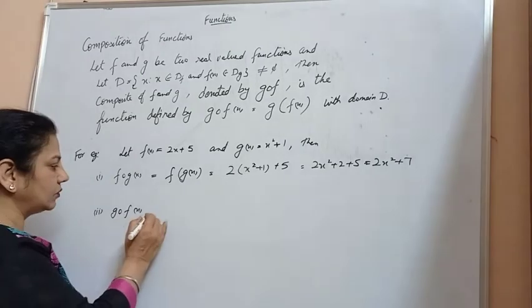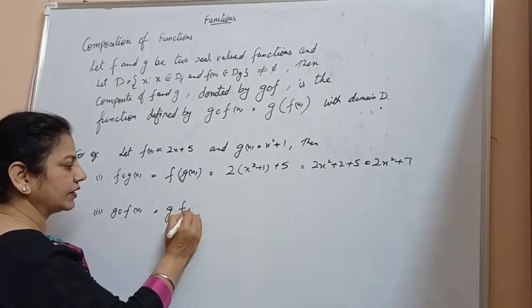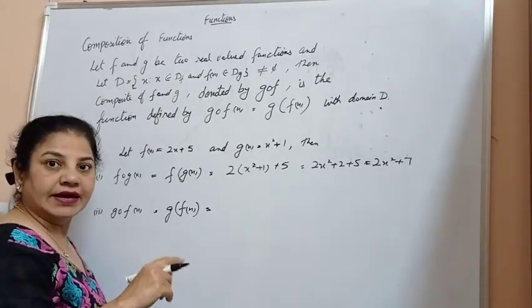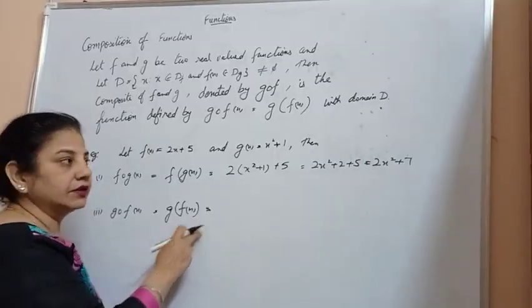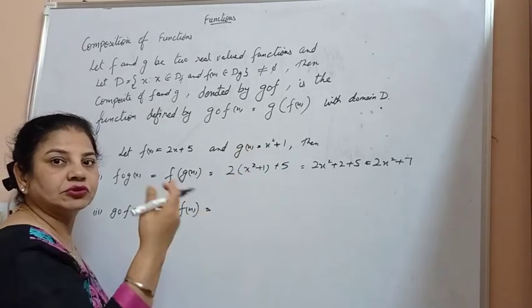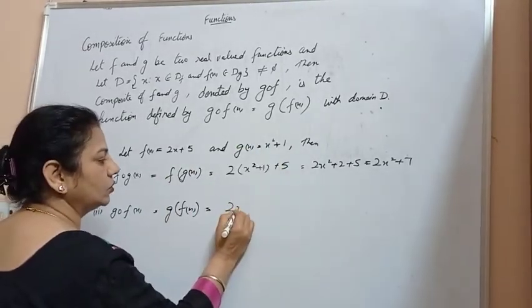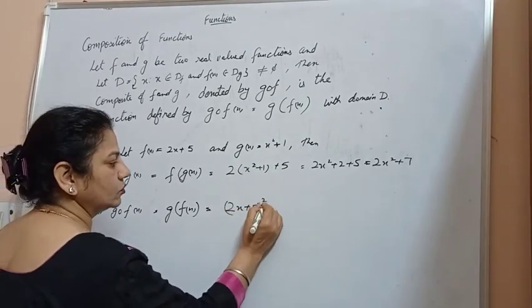g(f(x)) is equal to g(f(x)). That means wherever there is an x in the function g(x), I will substitute the function f(x). So x² means the function (2x + 5) whole square, plus 1.